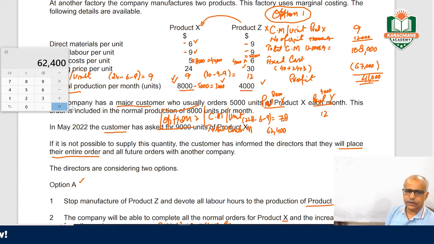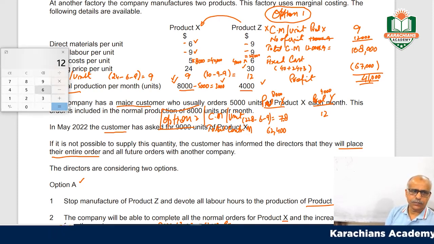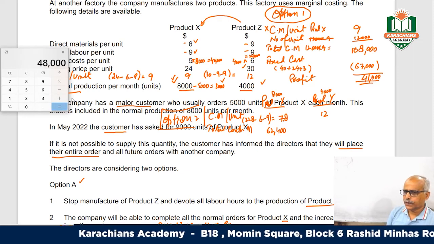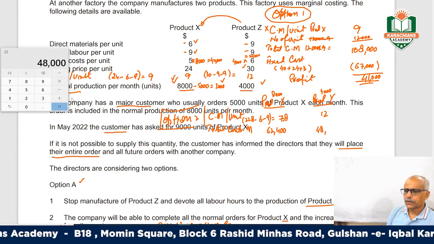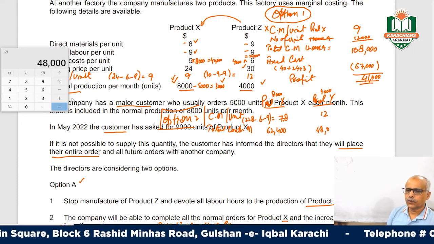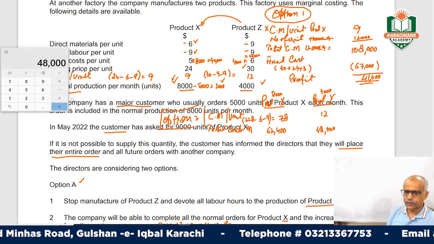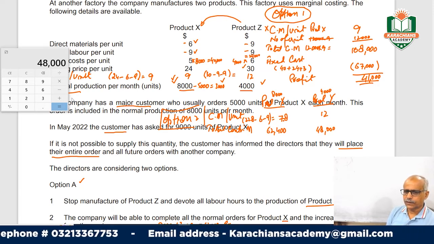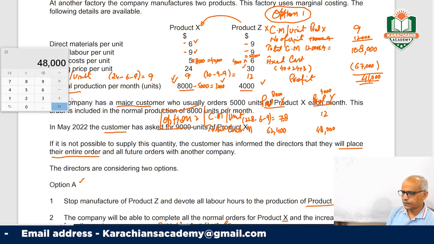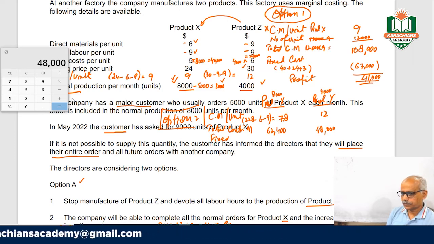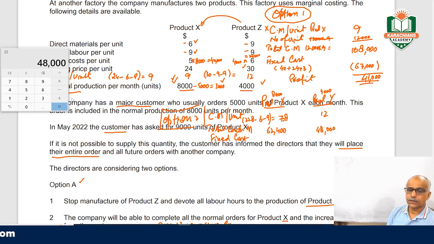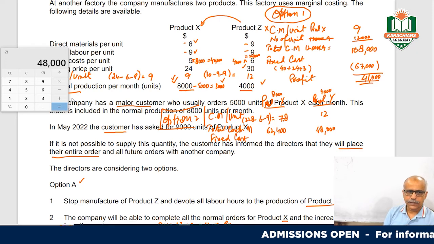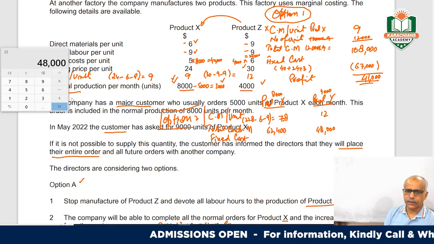And how much will this be? 12 per unit multiplied by 4,000. So this will be 48,000 total contribution. You will be earning total contribution of 48,000 on product Z, right? Then you have to deduct fixed cost, right? How much is the fixed cost? 40,000. We have worked out it was 40,000.